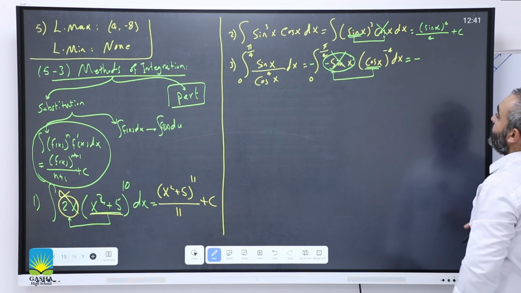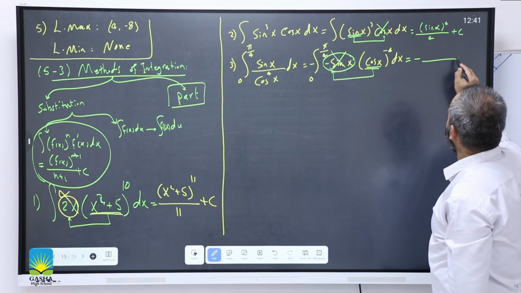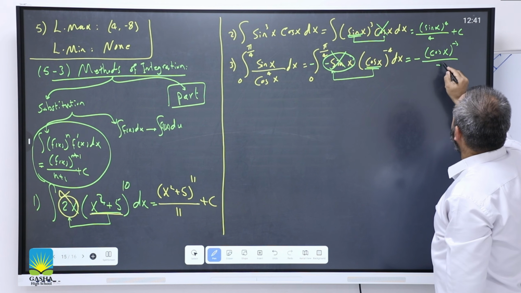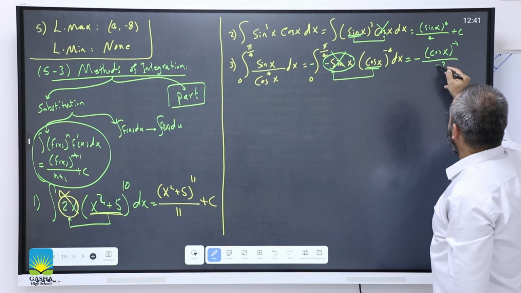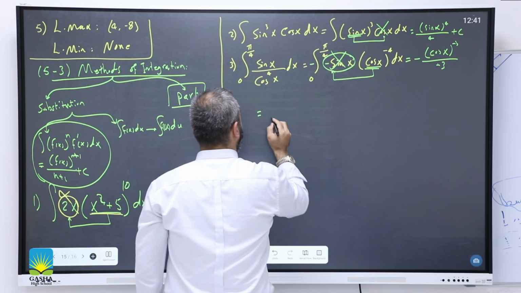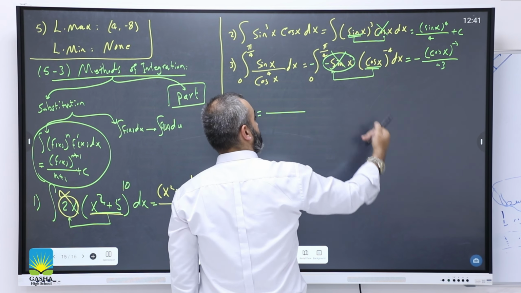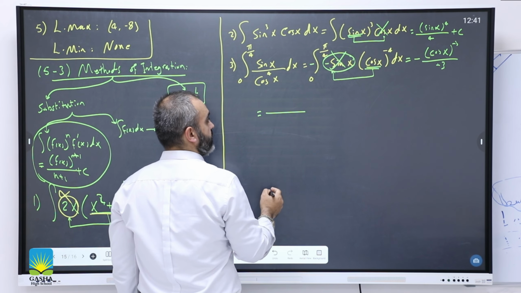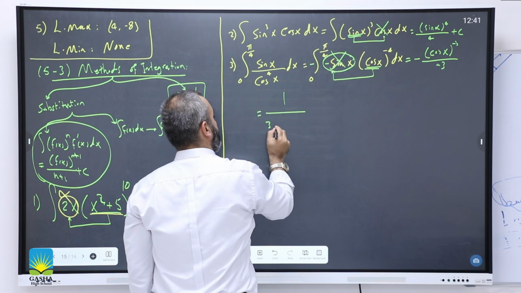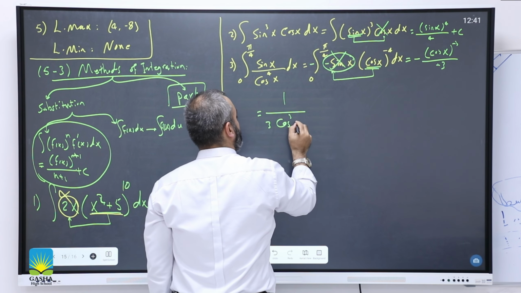Then we add 1 to the power negative 4: cosine x to the power negative 3 over negative 3. The negative becomes positive, and because the power is negative we move it to the denominator: 1 over 3 cosine cubed of x.